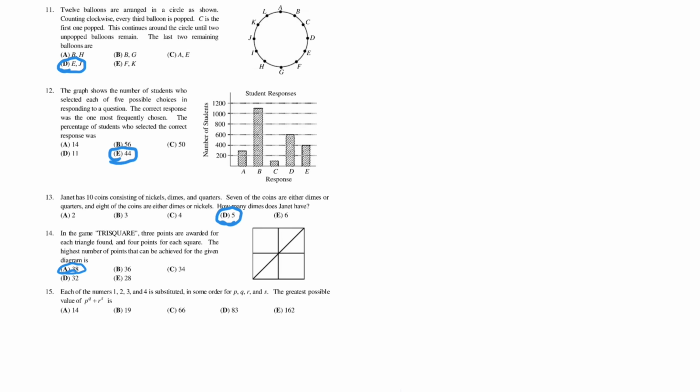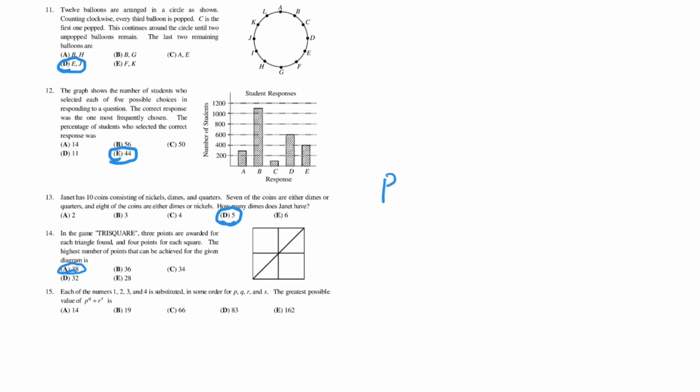Number 15. Each of the numbers 1, 2, 3, 4 is substituted in some order for P, Q, R, and S. The greatest possible value of P to power Q plus R to power S is.